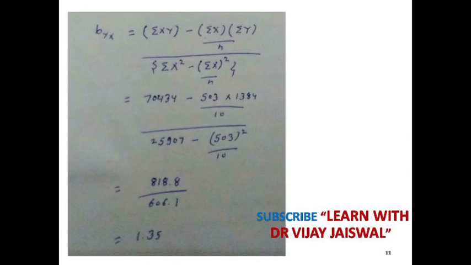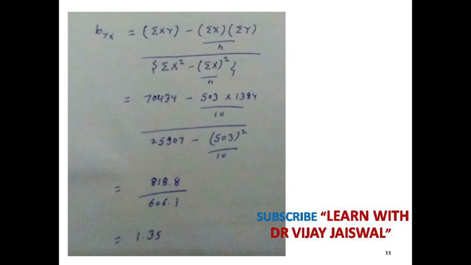So now come to the calculation part. We have all the values. Summation xy is 70,434 minus summation x, 503, into summation y, 1384, divided by the total number of individuals, 10, the whole divided by summation x square, 25,907, minus summation x, 503, and then squared, divided by n, which is 10.